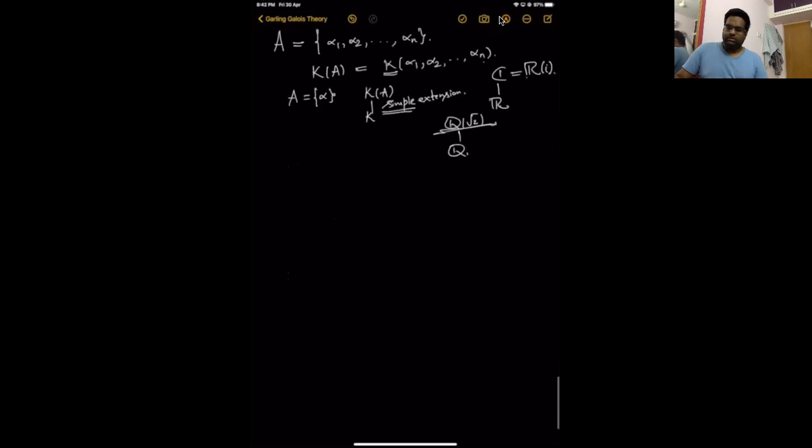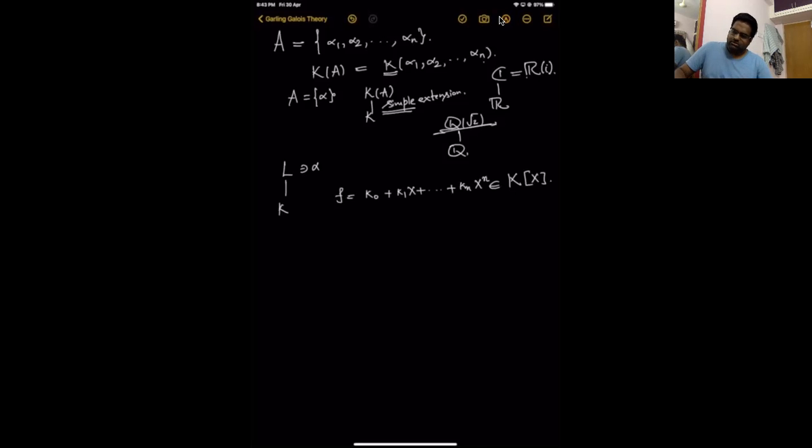Okay. Now, let L over K be an extension and let alpha be an element of L. And consider the polynomial f of x equals a0 plus a1 x plus up to an x to the power of n, which belongs to K bracket x.